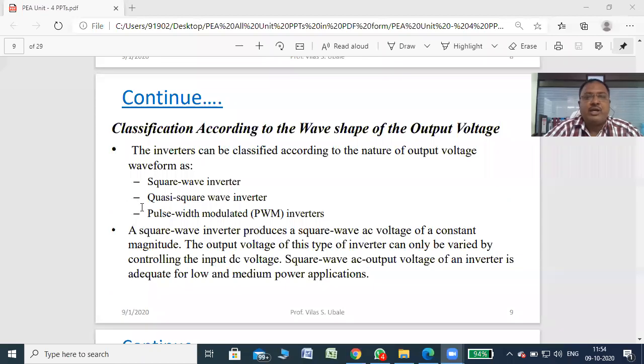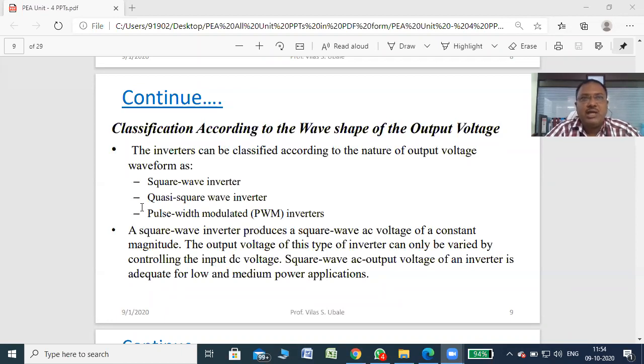Then classification according to the shape of the output waveform. So square wave inverter, quasi square wave inverter, and pulse width modulated inverter, right? Normally the output of an inverter is a square wave, right? In various ads we have seen a pure sine wave inverter and so on, but no inverter will produce a pure sine wave.